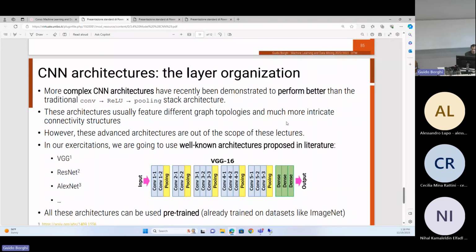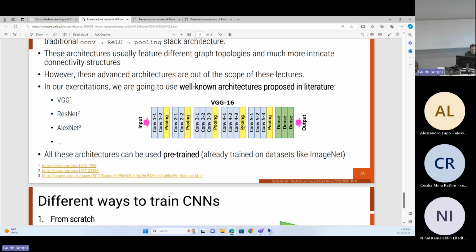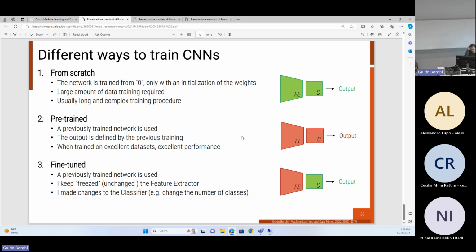We have seen how it's possible to train convolutional neural networks, which are very similar to multi-layer perceptrons, with the exception that the neurons in the convolutional neural network are displayed in a 3D fashion. Here you can see 3 different ways to train convolutional neural networks.